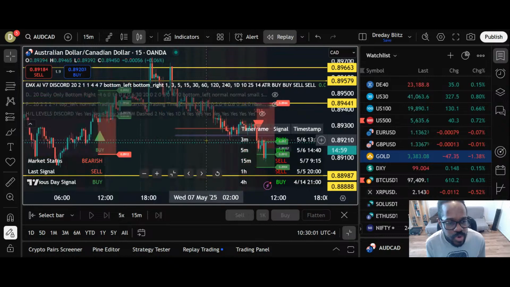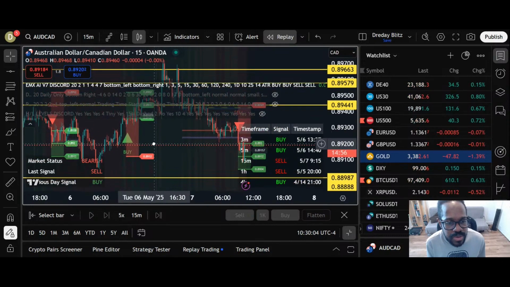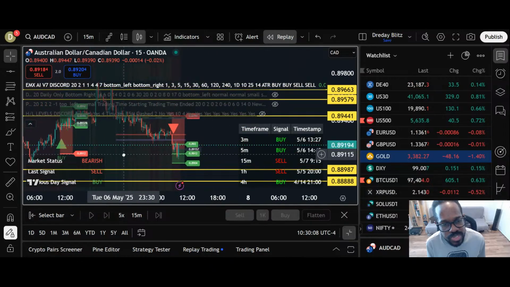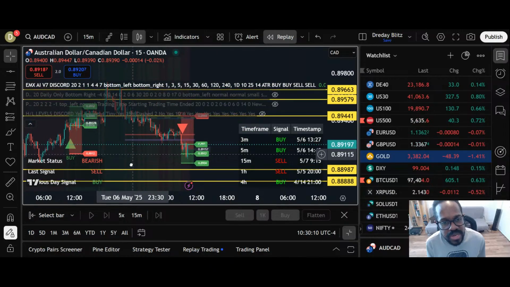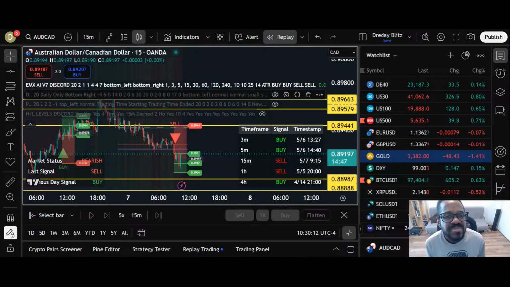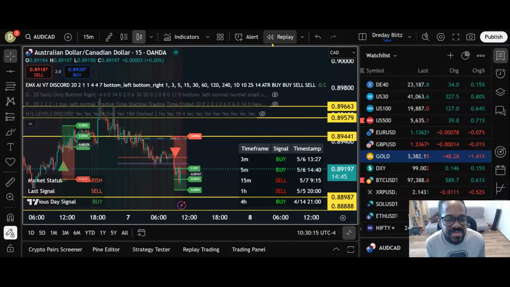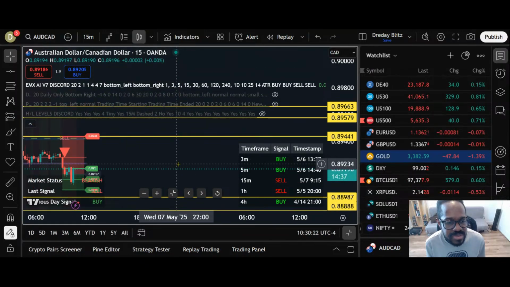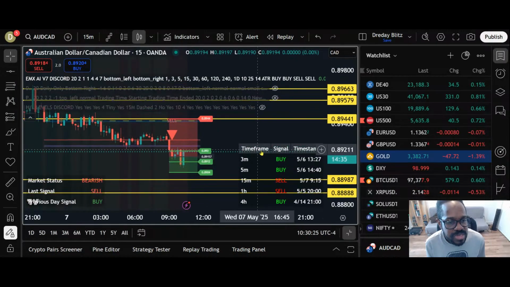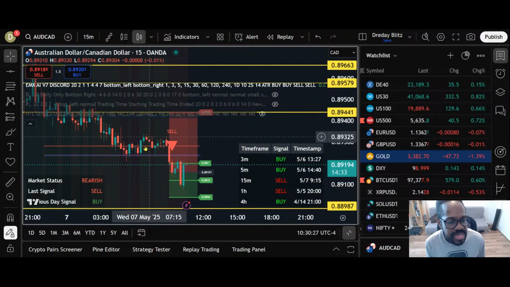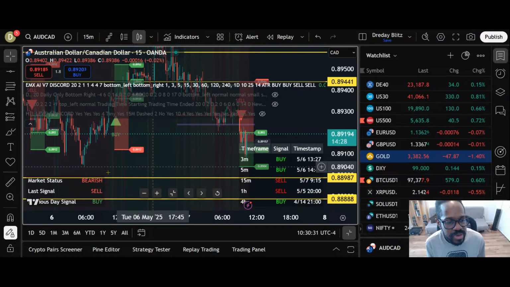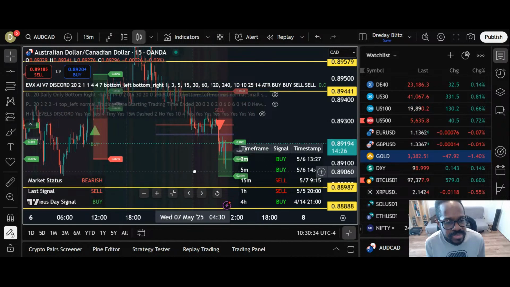So for sure, if you want to have a bigger move, better to look at a higher time frame. So the 5 minute, it's more precise for entries. All right, close that. So 30 minutes here, you had a sell. But like I said, the price is already at a point of a previous support here.